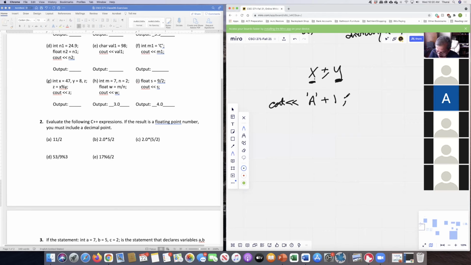So what is going to print? Is it going to be a number or a character? You have to decide that.